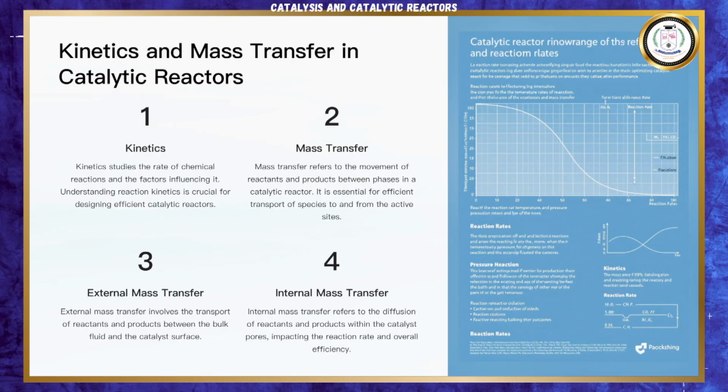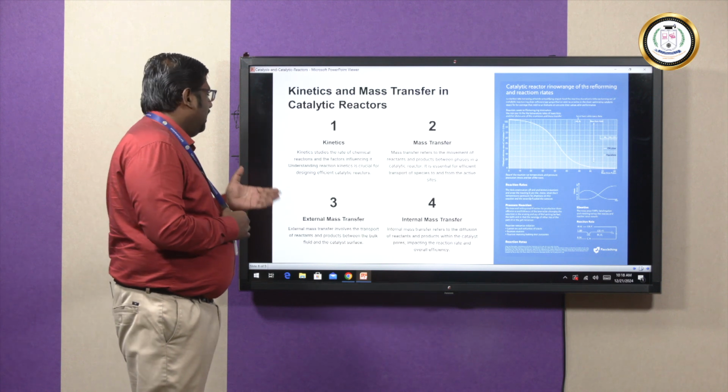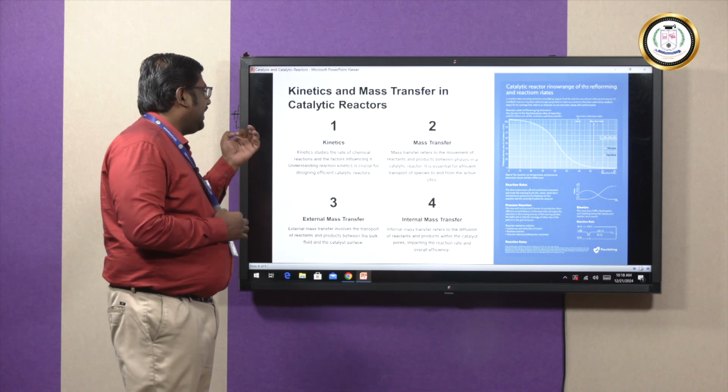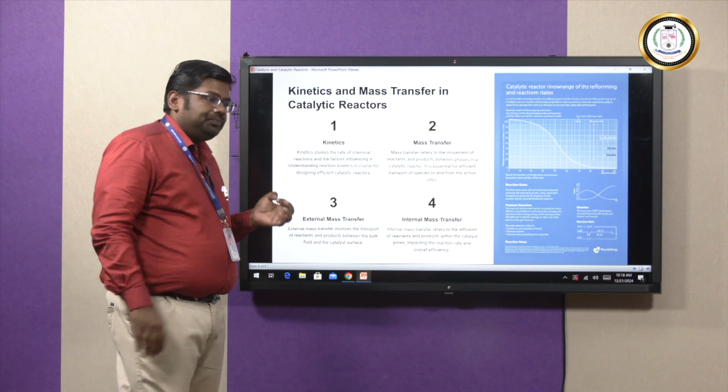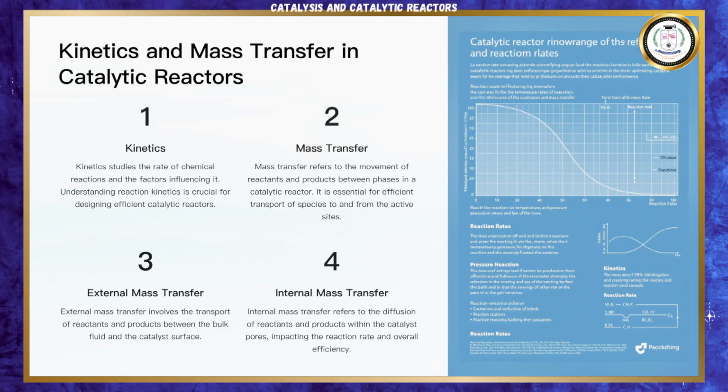Now, next, we have said what catalysts are, what the different types of catalysts are, what the problems associated with the catalyst are, and where catalyst is used. Now, the most important step is kinetics and mass transfer. As we said earlier, for the surface phenomena of a heterogeneous catalyst, we have diffusion. For that, two things occur simultaneously: one is kinetics, the other is mass transfer.